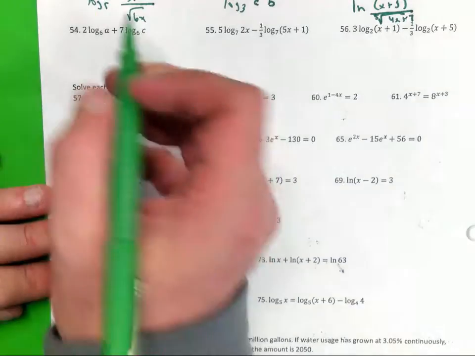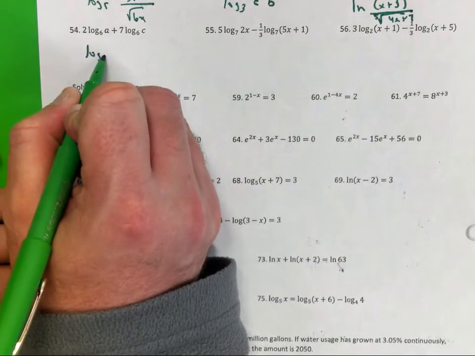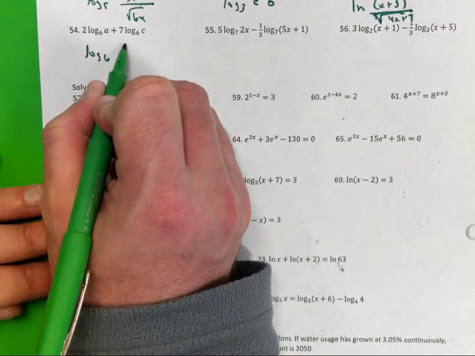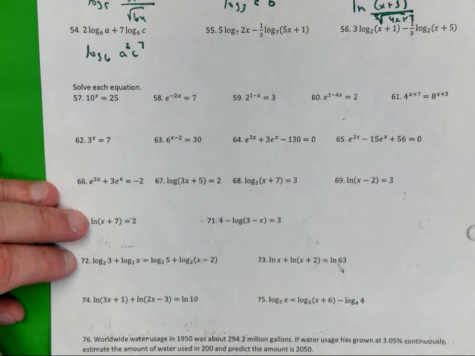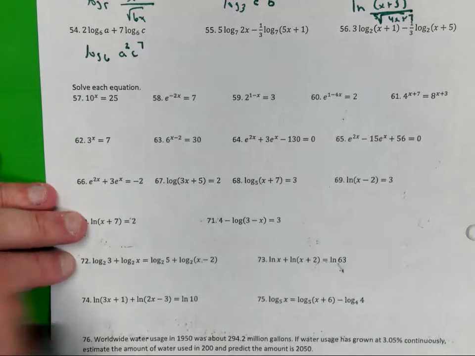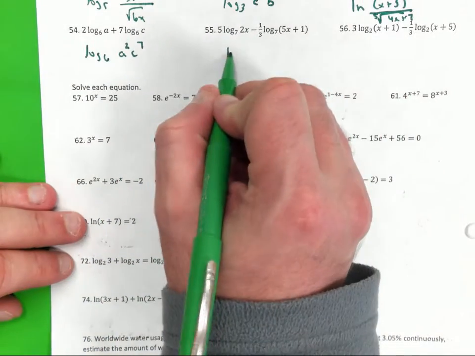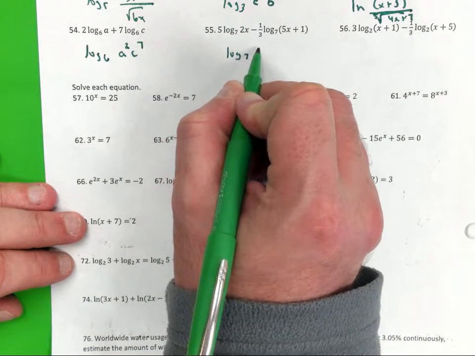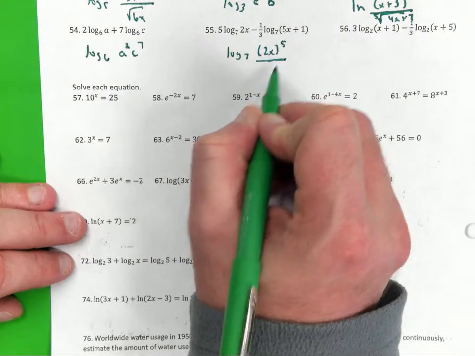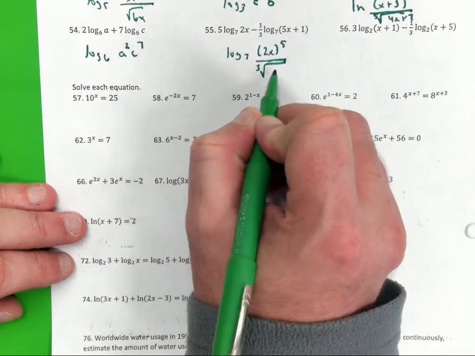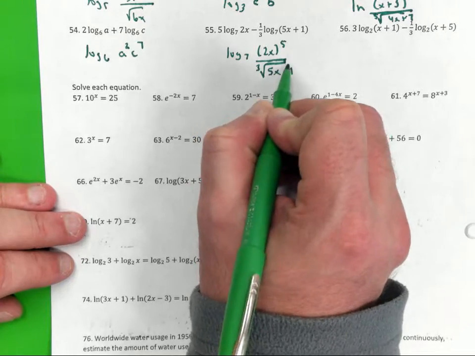Let's go and do 54. We didn't have to do this one. How would I start that off? Log base 6 of a times c to the... Very good. How about 55? Log base 7 of 2x raised to the 5th divided by the cube root of 5x plus 1.